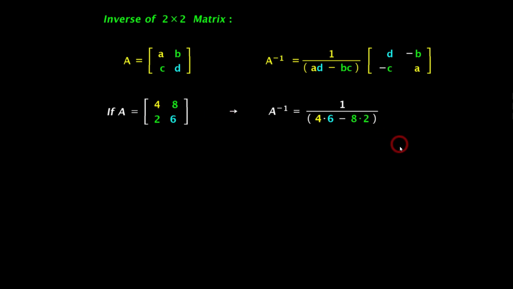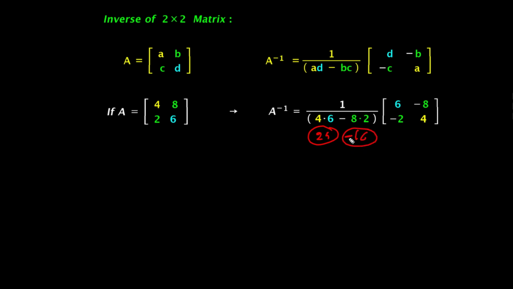Just apply the formula. Then within the matrix box, A and D switch their positions. So 4 and 6 will just switch their positions. And B and C, which are 8 and 2, will just get negative. Now it's simplification. 6 times 4, 24, and it's a negative 16.